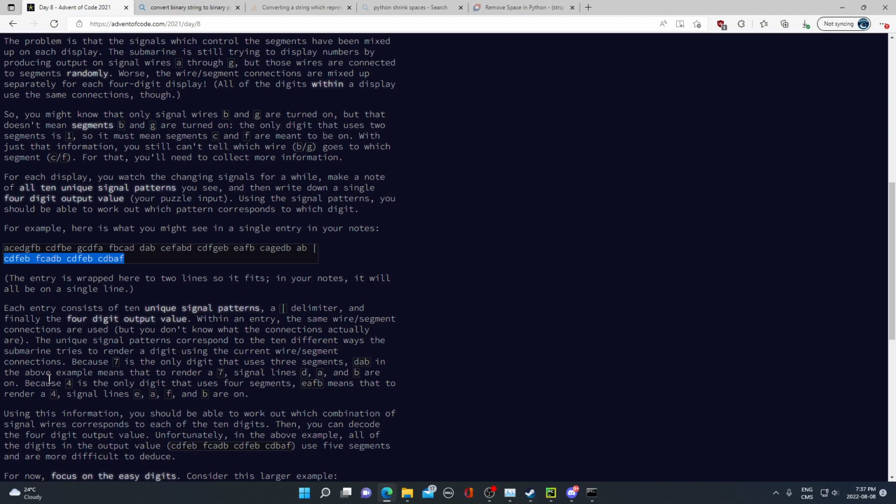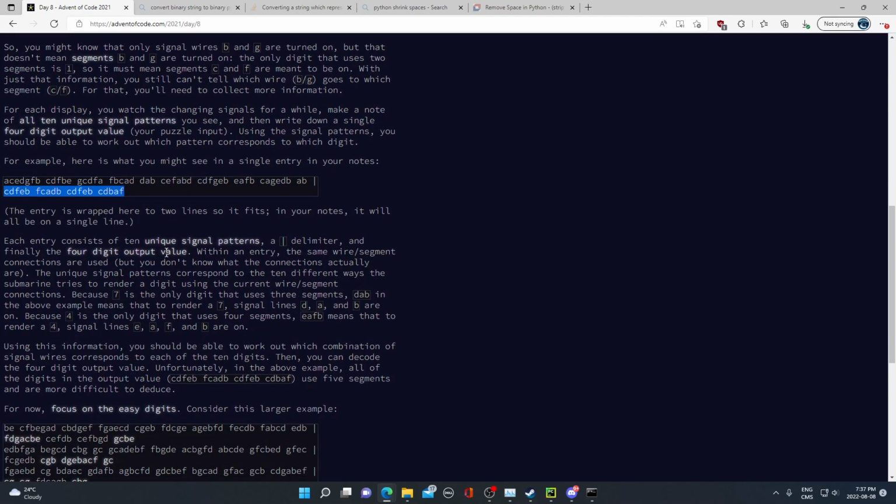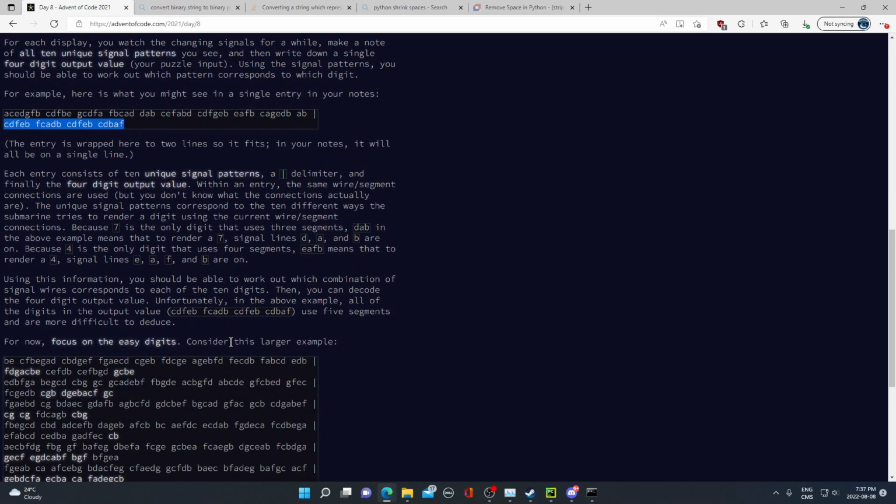Because 4 is the only digit that uses 4 segments, E, A, F, B means that to render 4, signal lines E, A, F, and B are on. Using this information, you should be able to work out which combination of signal wires corresponds to each of the 10 digits. Then you can decode the 4-digit output value. Unfortunately, in the above example, all of the digits in the output value use 5 segments and are more difficult to deduce.